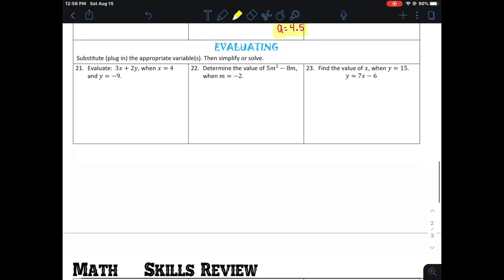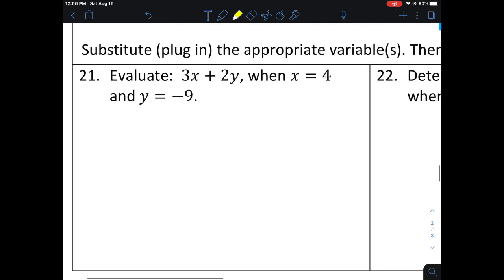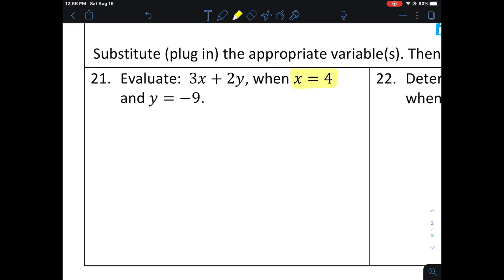All right, and then the last one is evaluating. We're going to substitute or plug in the appropriate value or values, then simplify or solve. So evaluate 3x plus 2y when x equals 4 and y equals negative 9.